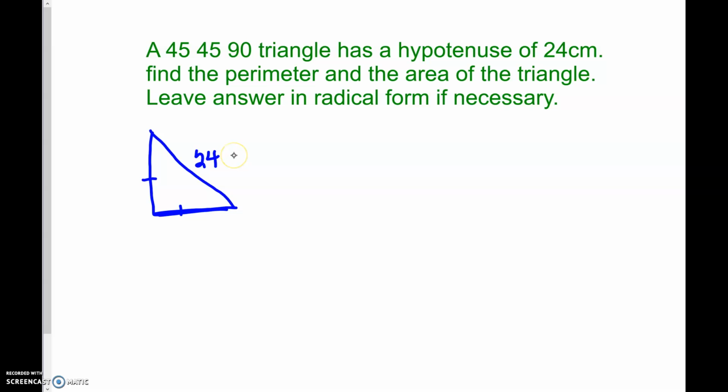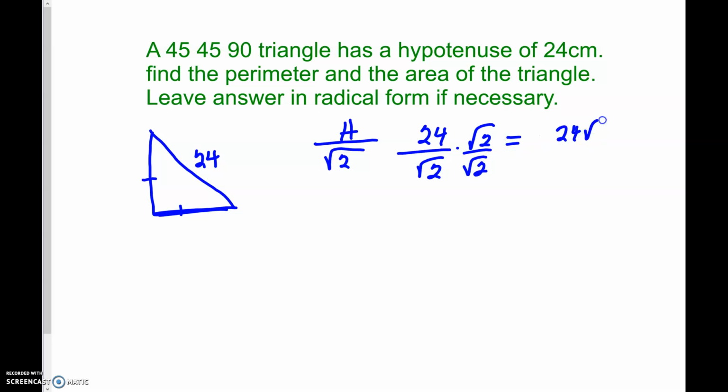So to go from the hypotenuse to a leg, we're going to take the hypotenuse and divide by root 2. So 24 divided by root 2. So now we're going to multiply by root 2 over root 2. So we have 24 root 2 divided by 2.